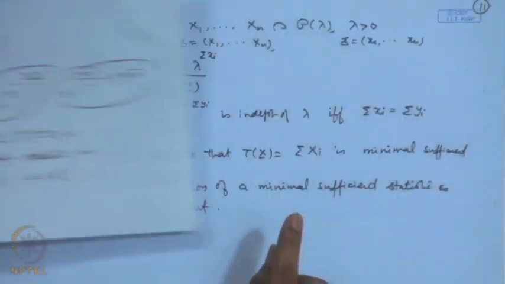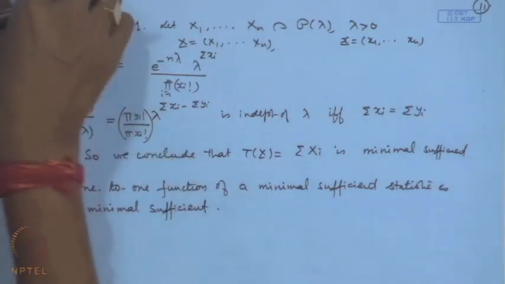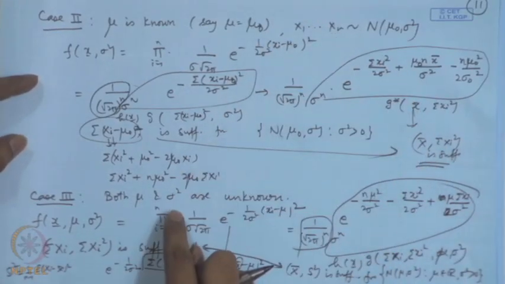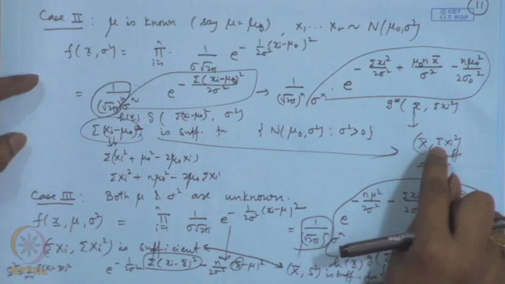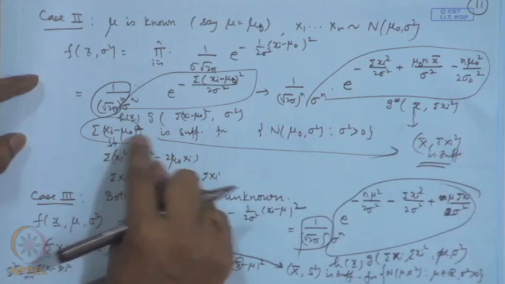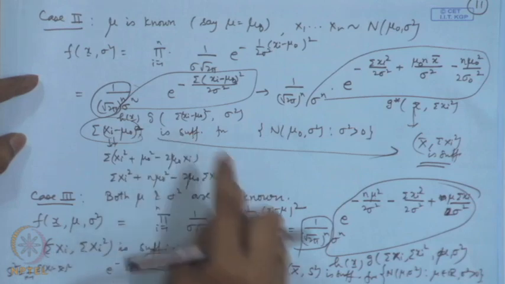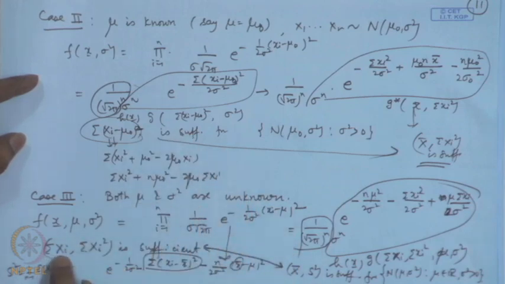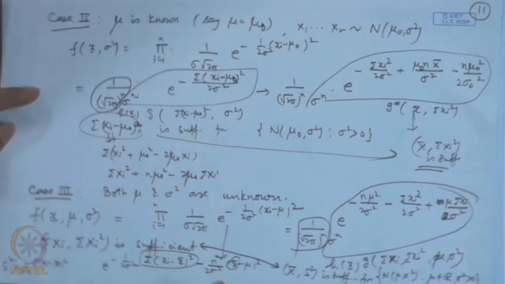Like that, if we consider various problems, in the second case we have taken mu naught is known, and in this case we figured out that sigma (x i minus mu naught) whole square is sufficient. So, this will also become minimal sufficient. When both mu and sigma square are unknown, then sigma x i and sigma x i square will become minimal sufficient.